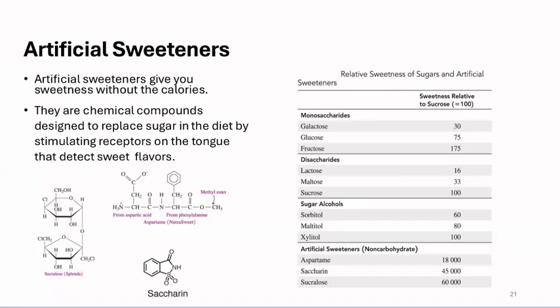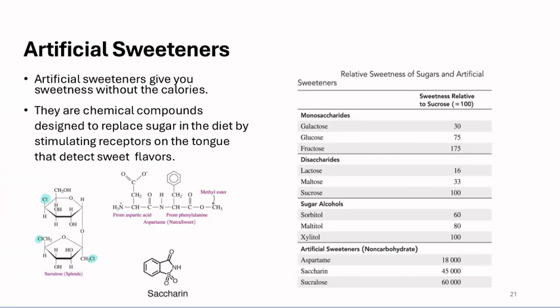Sucralose was synthesized from sucrose. The only difference between sucrose and Splenda is that Splenda has one, two, three chlorines that were placed in the molecule instead of OHs.